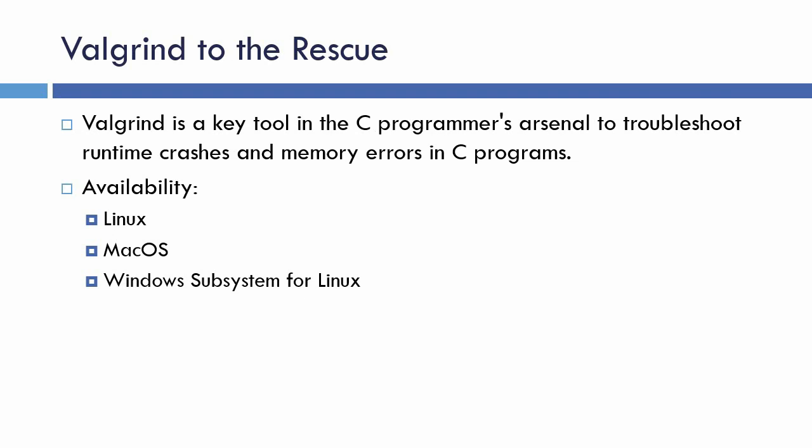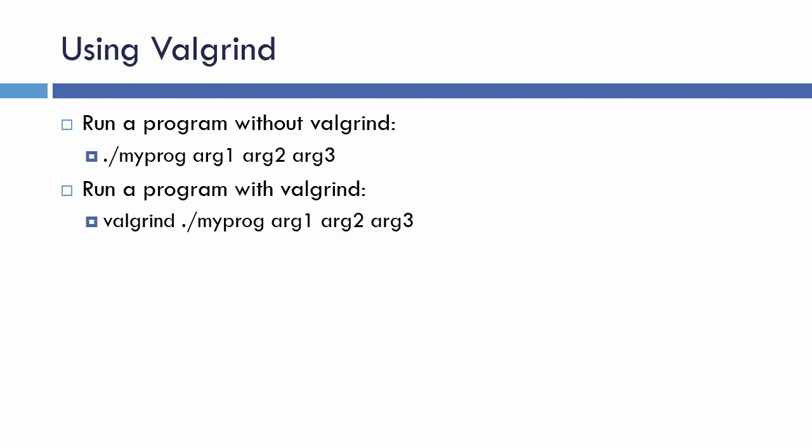The first thing I'm going to show you is how to use a tool called Valgrind, which is a tool that helps troubleshoot runtime crashes and memory errors in C programs. And you can use this in Linux and Mac OS, and also the Windows subsystem for Linux. Using Valgrind is pretty easy.